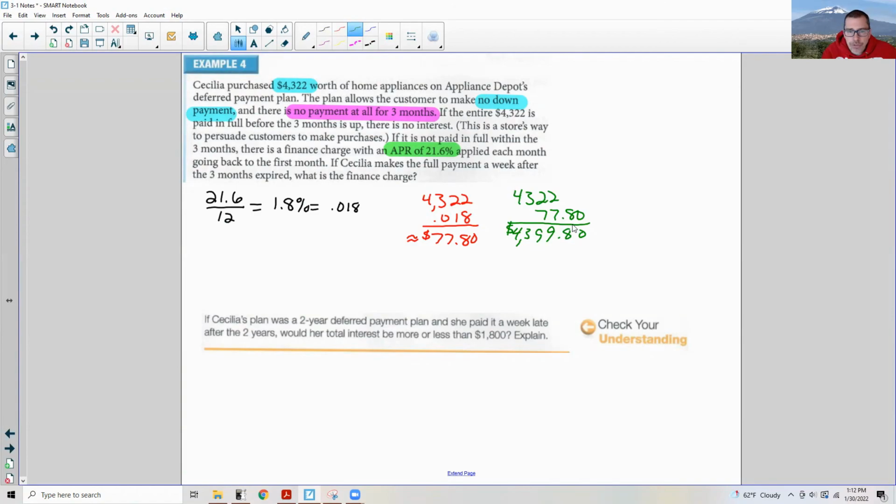Then we have to compute the second month's interest by using this total, because it's interest on that total.